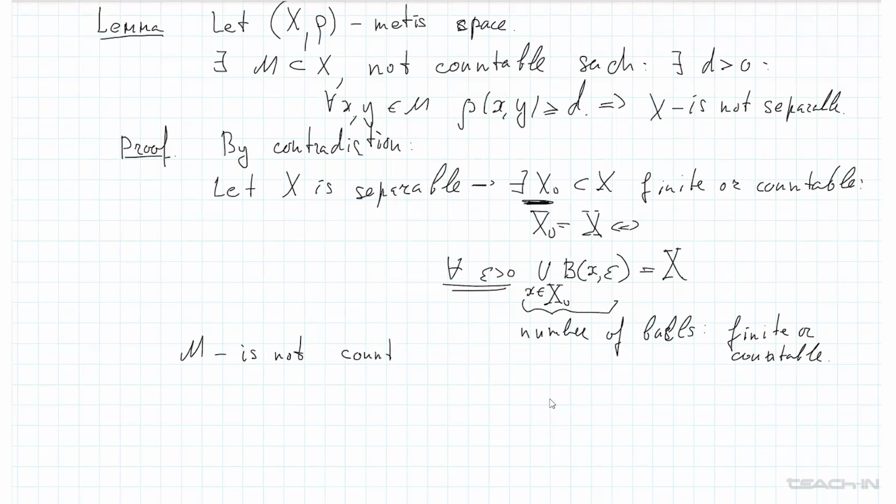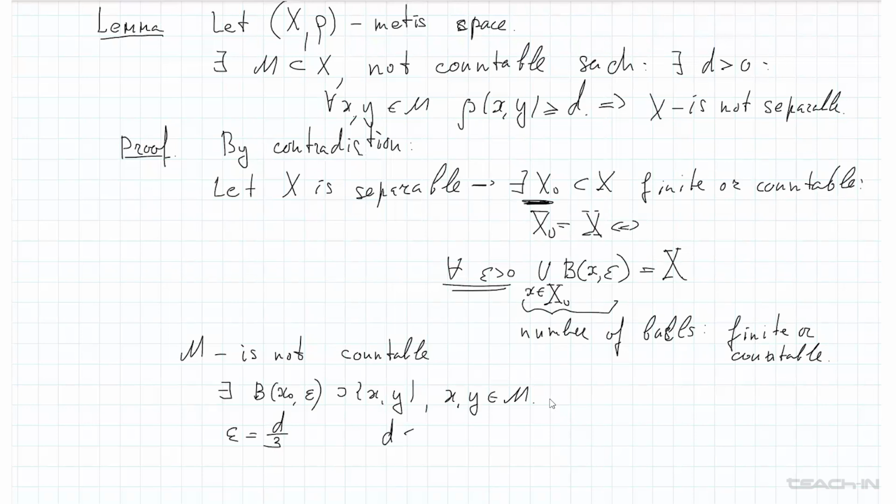There exists a ball such that it contains two points x, y from M. Let's take epsilon equal to d over 3.